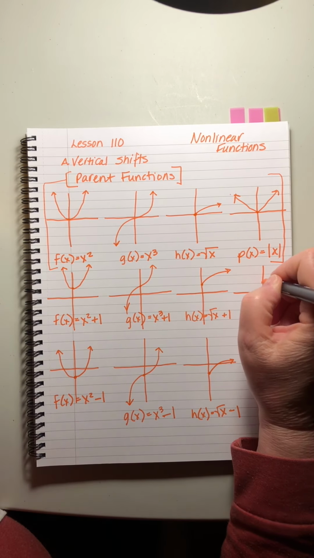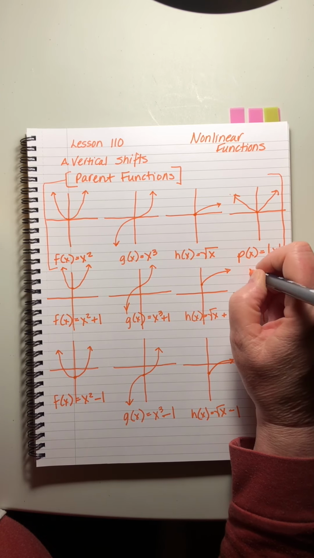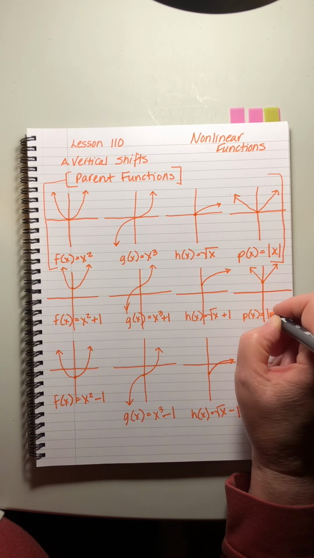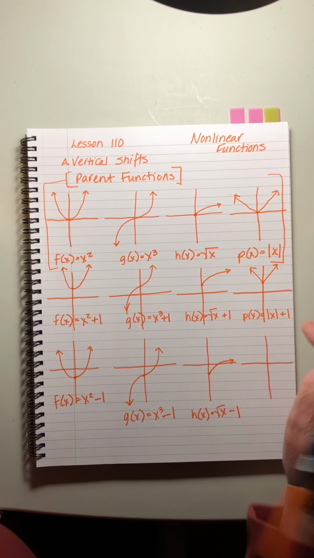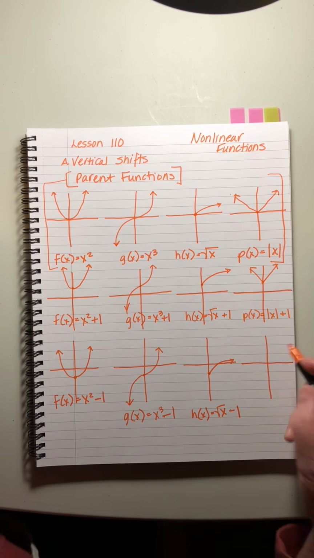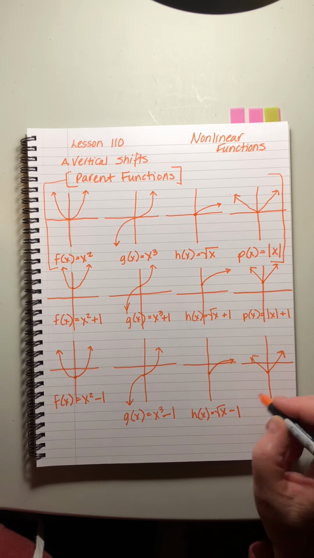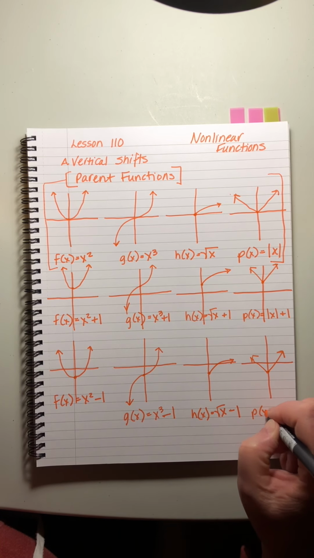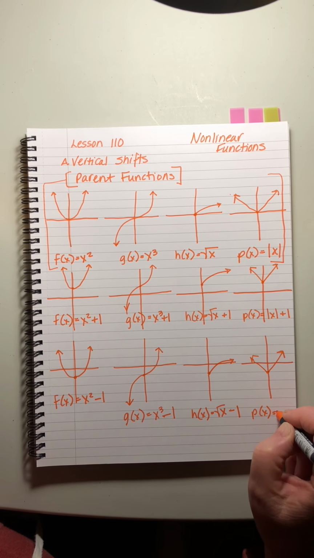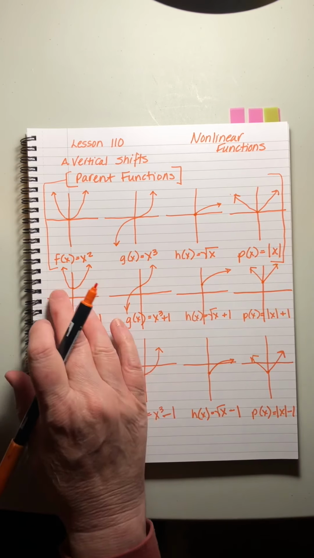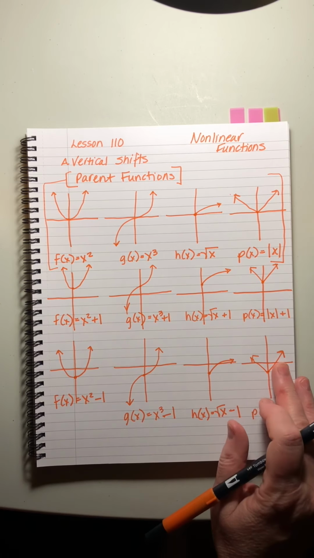And then our absolute value, p of x equals the absolute value of x plus 1 on the outside. And then down here, p of x equals absolute value of x minus 1. Okay, so very logical, very straightforward. We have our parent functions, and then we have a positive shift and a negative shift.